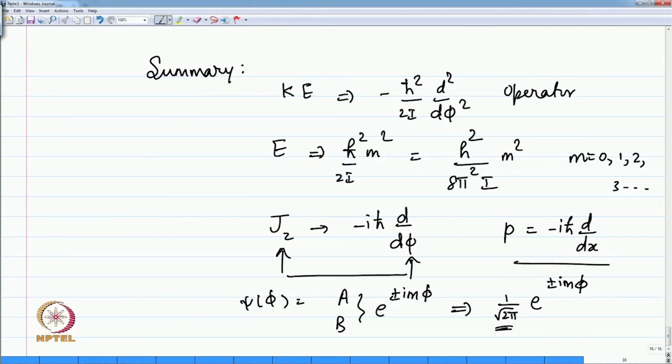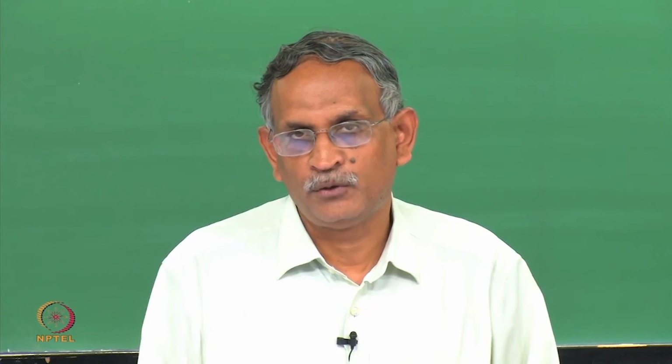So, these results are important, but this particular result will be very useful in what is known as microwave or rotational spectroscopy. I do not know whether I will talk about that in this course, but the particle in a ring is an extremely important model for understanding the elementary rigid body rotations of diatomic and polyatomic molecules.